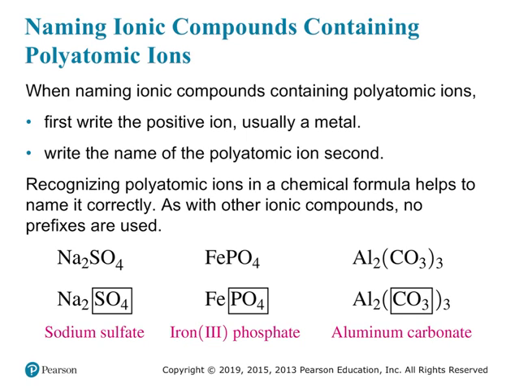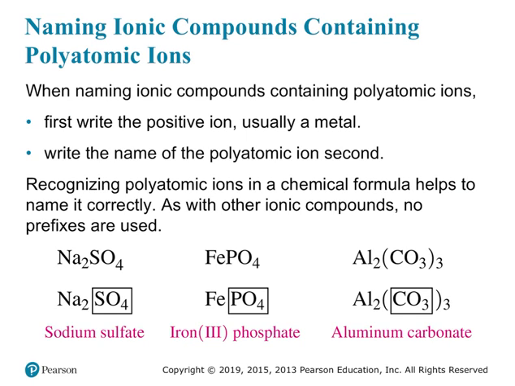So, for instance, we just saw that sodium phosphate has a metal ion to start, and we just named it sodium. Then we're going to write the name of the polyatomic ion second, and we're not going to change it. So this is super easy. Once you know the polyatomic ion names, it's super easy to name these ionic compounds.